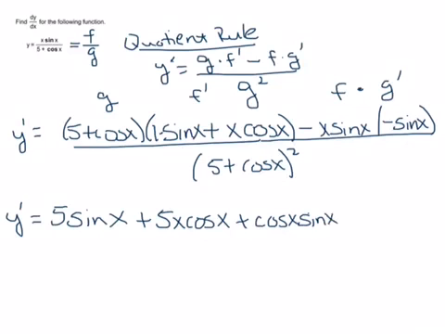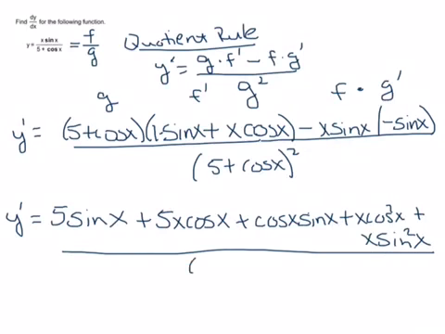And then cosine x times x cosine x is x cosine squared x. And then the last part over here, the x sine x times the negative sine of x, that's just going to change to plus x sine squared of x. And then this is still all divided by 5 plus cosine of x, quantity squared.